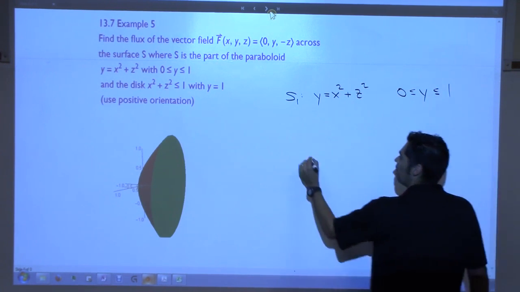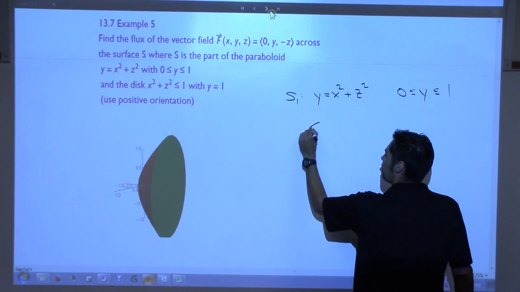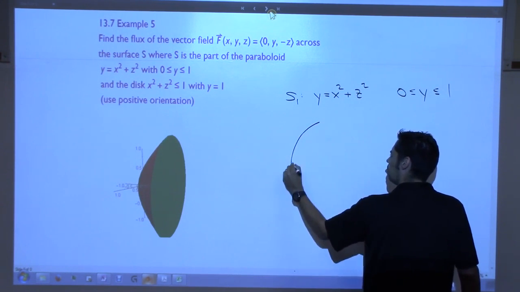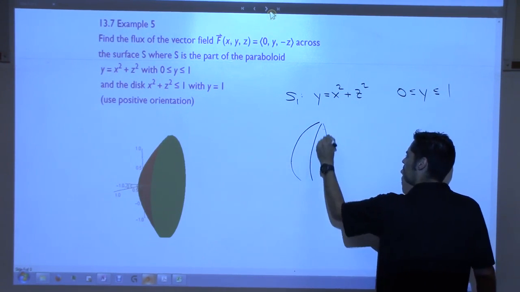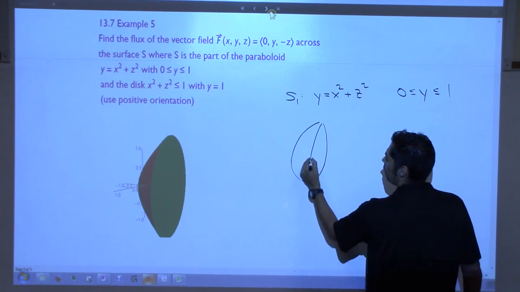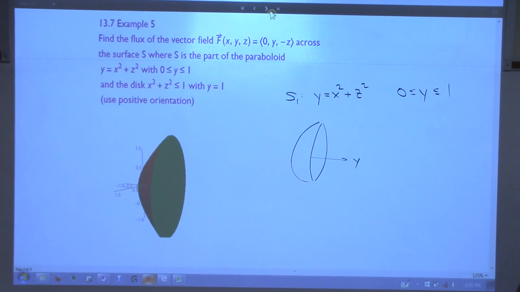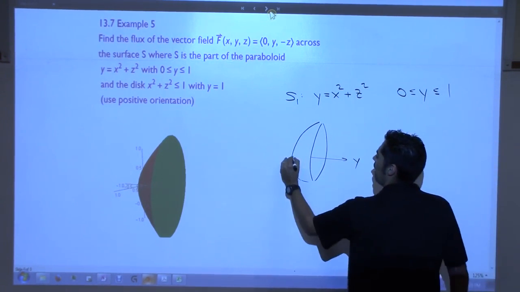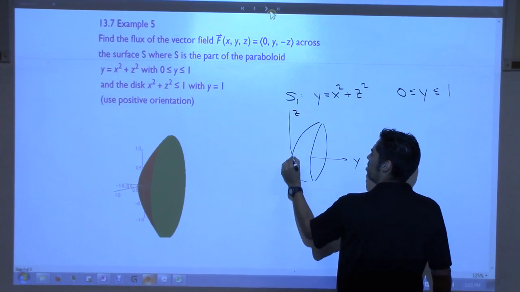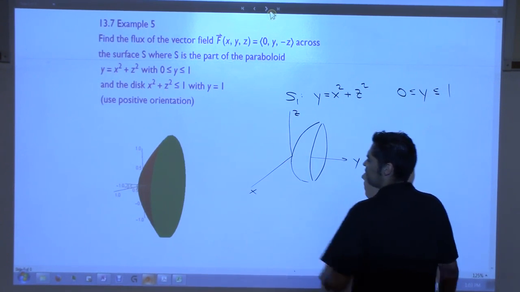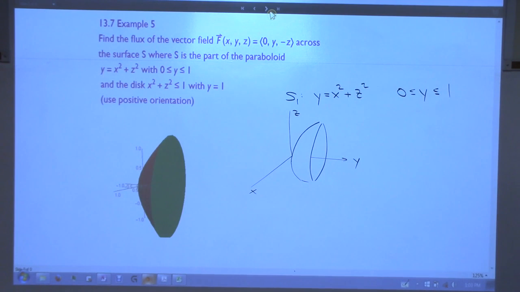And I'm going to draw this out. It's going to look something like that. And remember, our y-axis is coming out of it like this, right? Coming out of the center. And of course, our z-axis goes up, and our x-axis is coming out this way. So that's the picture we have over there.